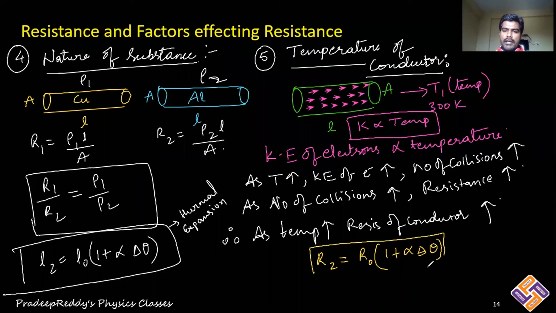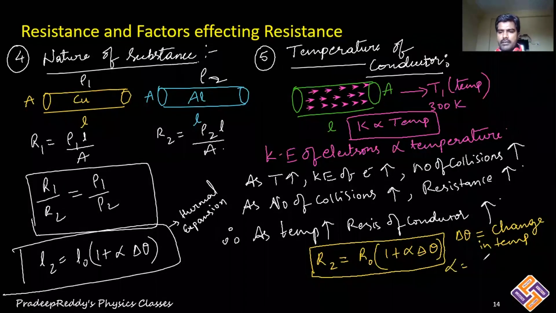This is how resistance varies with respect to temperature. Delta theta is equal to change in temperature. Alpha is equal to the thermal coefficient, the thermal coefficient of electrical conductivity.